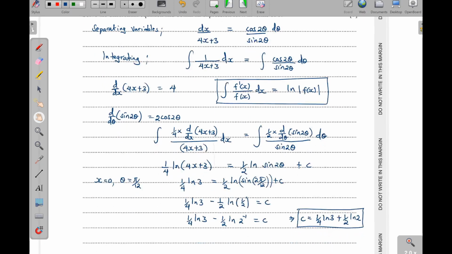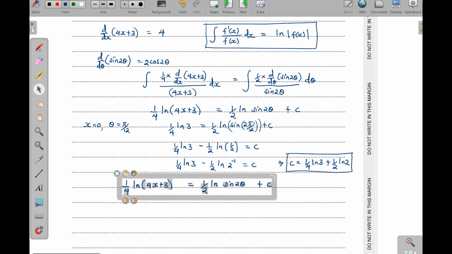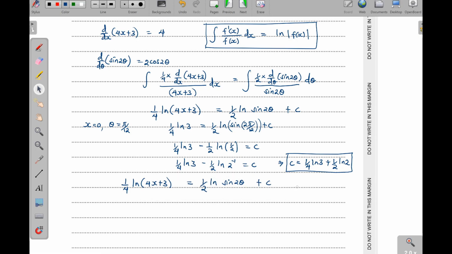So meaning that our particular solution is this one here. So we have this one here, but then I'll take away this, and then I write this value that I've gotten here. So plus that. That is our particular solution.